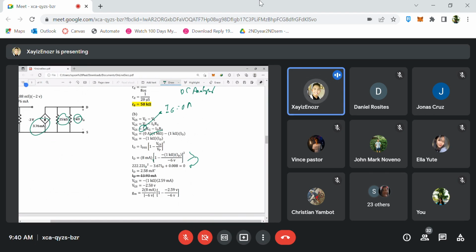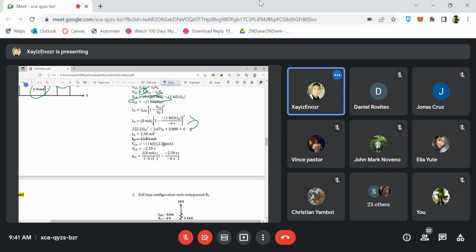Therefore, finding natin yung ID, we can now substitute yung ID doon sa ating VGS. So VGS is negative 1K times 2.58 milliamperes. Therefore, we have negative 2.58 volts as our VGS.